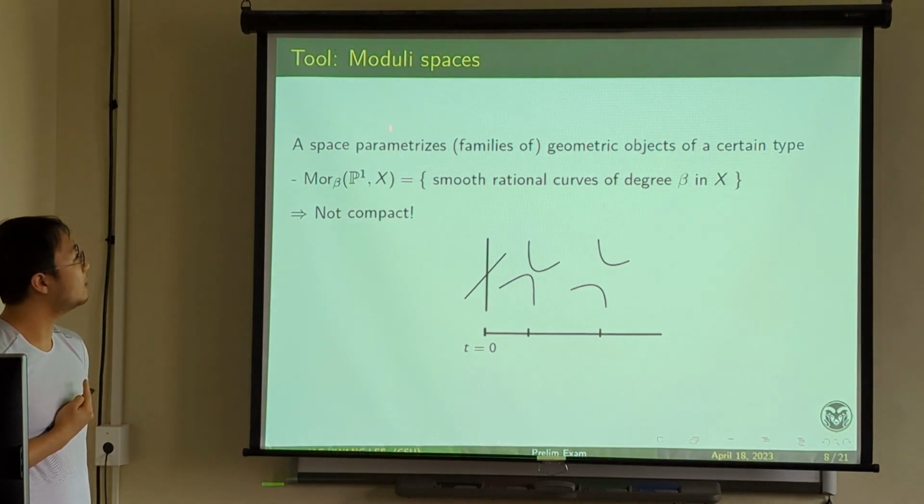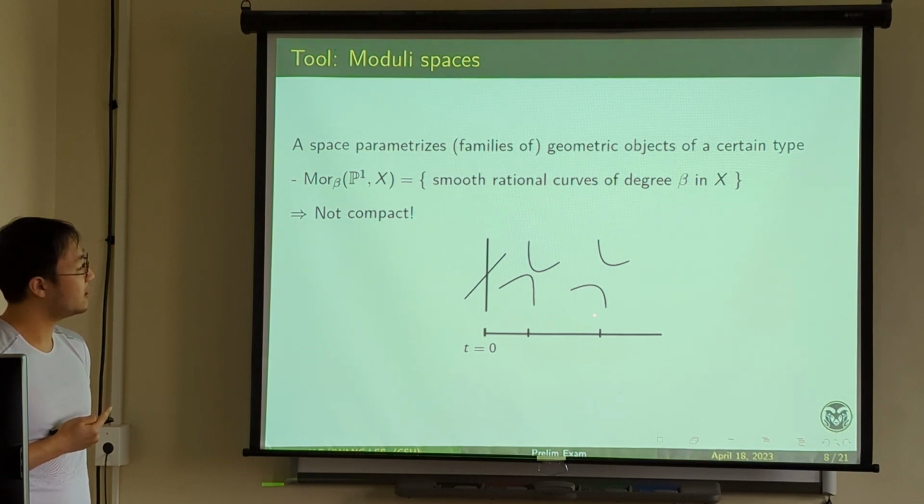So in fact, a moduli space is defined to parameterize a family of geometric objects. If I think of families, for example, this family over a line, each fiber is a smooth rational curve of degree 2.